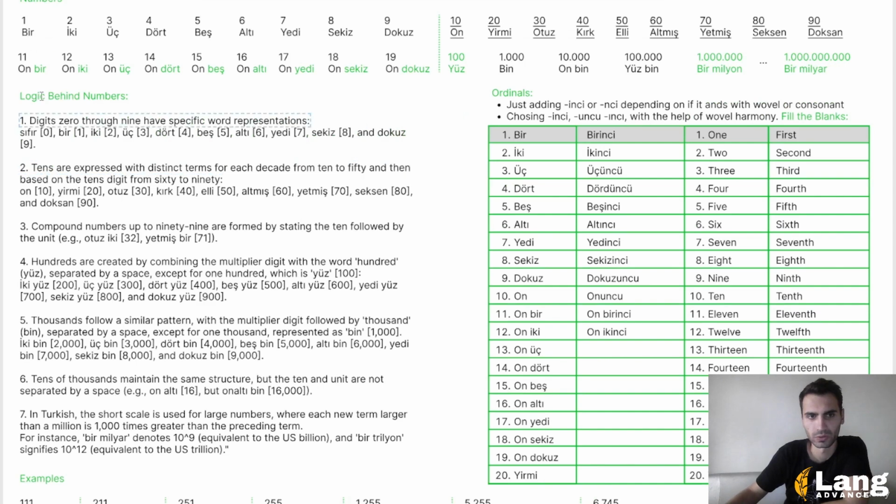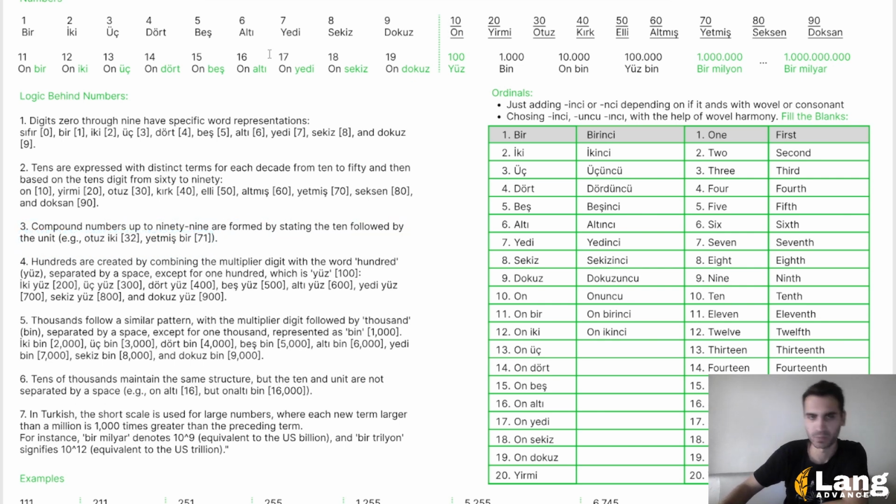So digits 0 through 9 have specific word representations. Yes, we talked about it. Zero is sıfır, by the way. And 1, 2, 3, 4, 5, 6, 7, 8, 9. Tens are expressed with distinct terms. Also, yes, we saw it. And compound numbers up to 99 are formed by stating the ten followed by the unit. 32, 71.